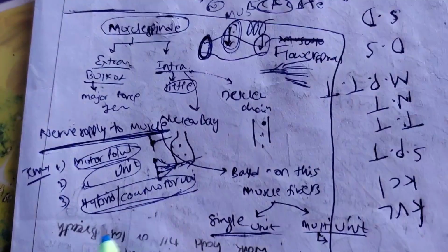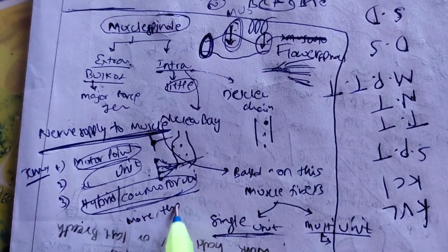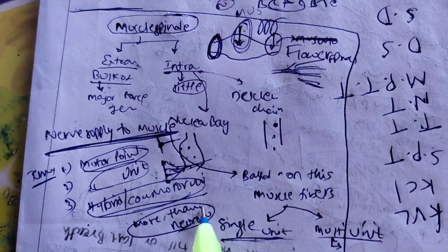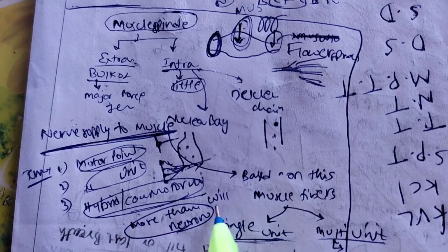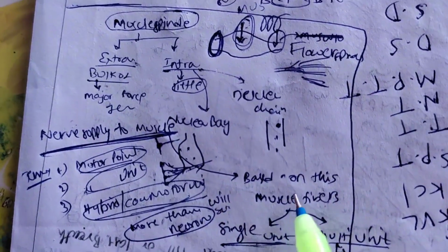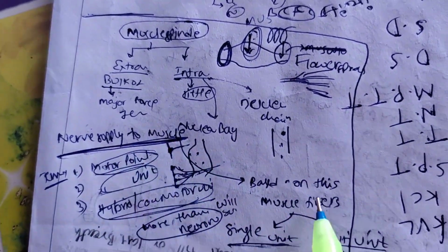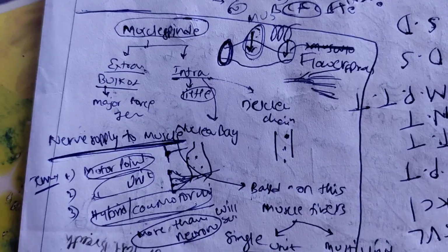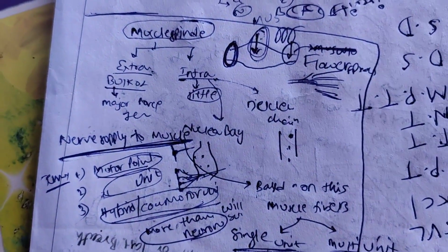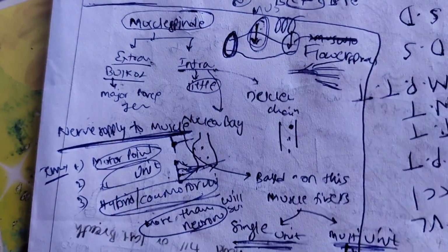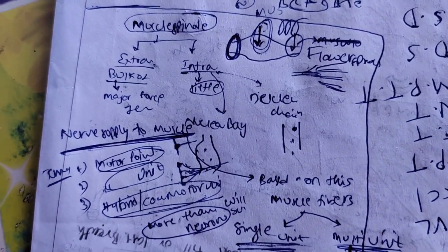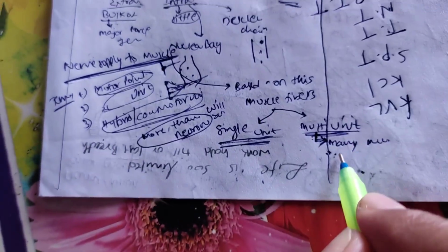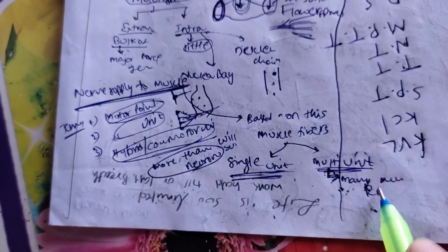And hybrid muscle means more than one neuron will supply. Okay. Next, based on the nerve supply to the muscle, the smooth muscles are classified into two types: single unit and multi-unit type. Multi-unit type means many nerves will supply the impulses to this muscle. Here, nerve supply is rich.